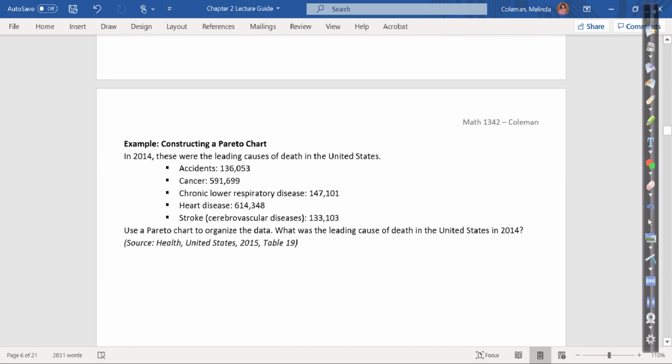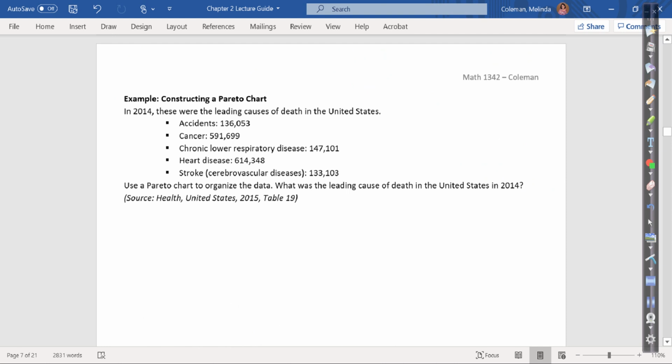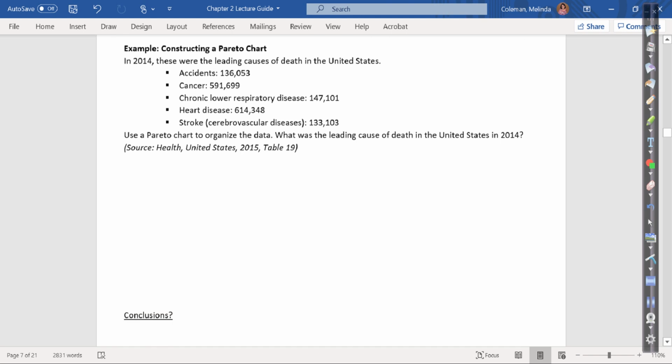So it's going to be a little harder to give numbers to these. So this says, in 2014, these are the leading causes of death in the United States: accidents, cancers, chronic respiratory disease, heart disease, and stroke. So what they want you to do is graph this information so that people can see what's the leading cause, what kills most people versus what kills least people.